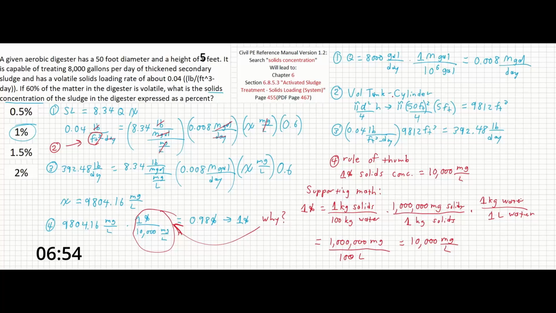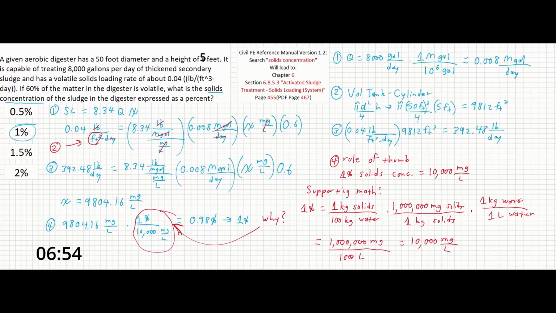Third, you need to know that the tank is a cylinder when you're solving for the volume, so that you can get your loading rate into the correct units. And fourth, possibly the most important part here, is you simply have to know what this rule of thumb is to make your conversion from percents to milligrams per liter, or reverse, depending on what the problem might ask of you.